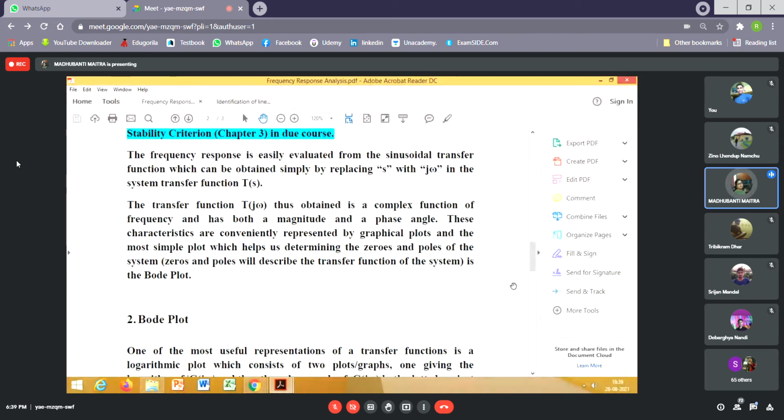Since we are observing the response of the system at steady state, the sigma part becomes 0, and S can be replaced by j omega. So instead of T(s), we obtain T(j omega), which is known as the sinusoidal transfer function of the system.